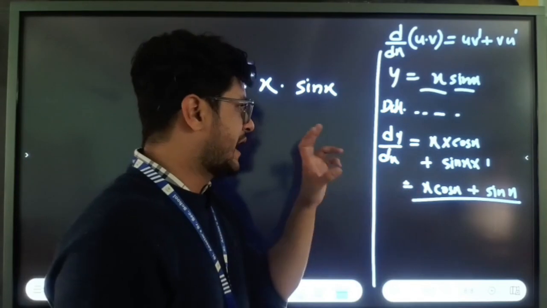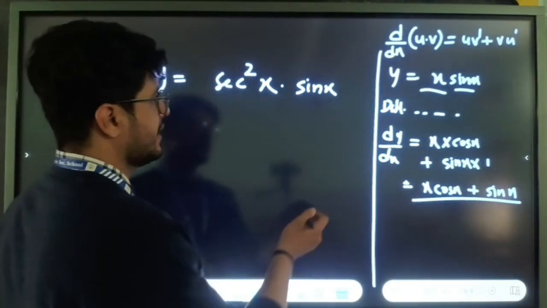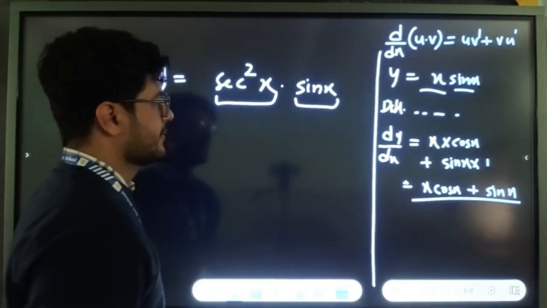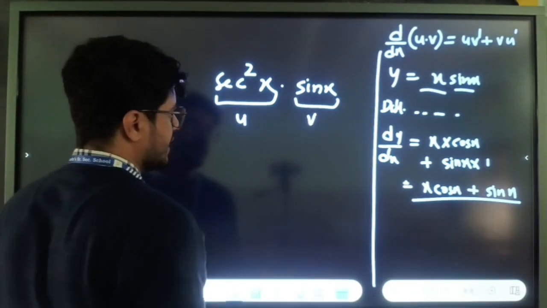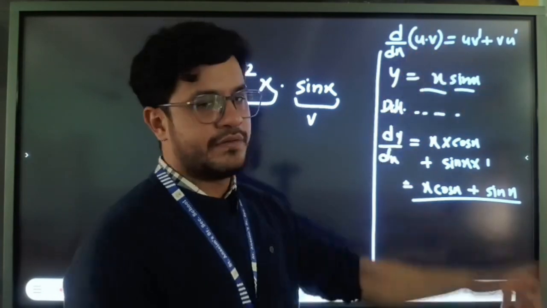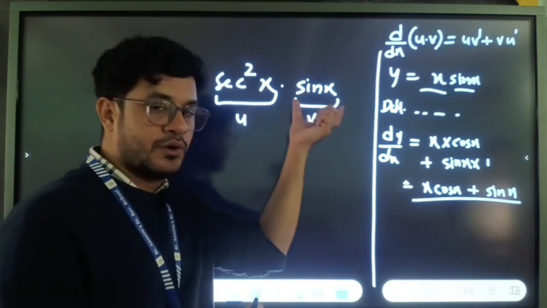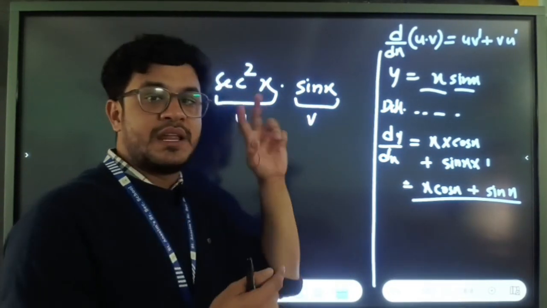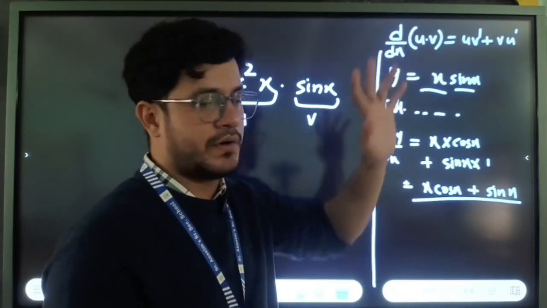I wanted to solve this example first because this one is more complicated as compared to this. Here we have sec square x and sin x together. Now this is known as u, this is known as v. Now you might be thinking: you just said that here there are two different functions, but it is not like that. Here both functions are trigonometric, I know that, but they are different, their range is different. So we need to use this formula only, the product rule u dot v.